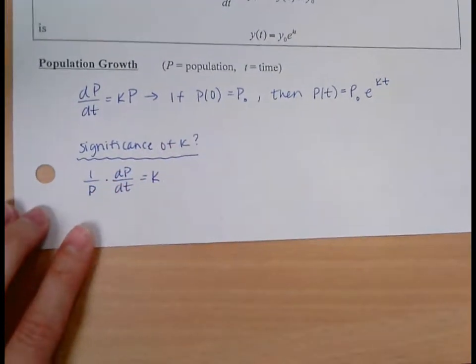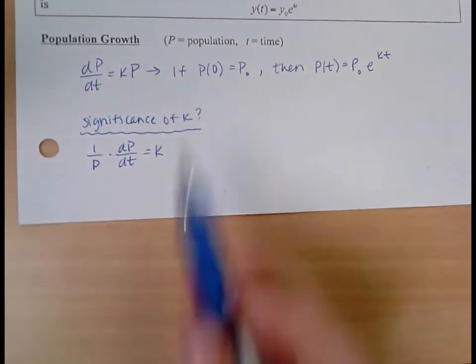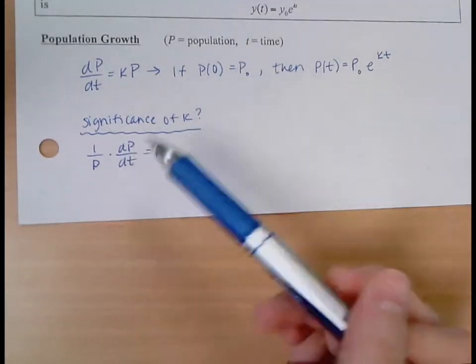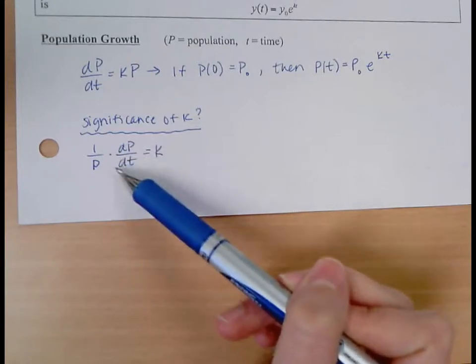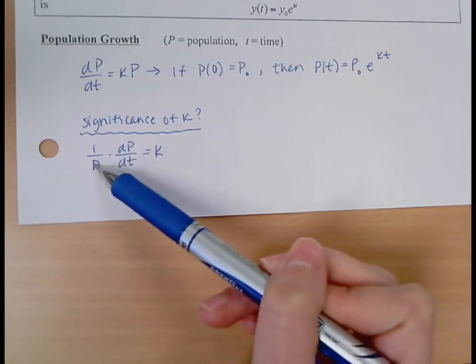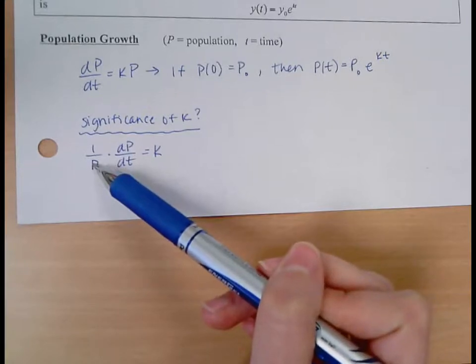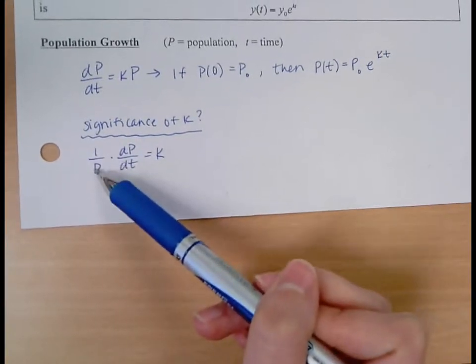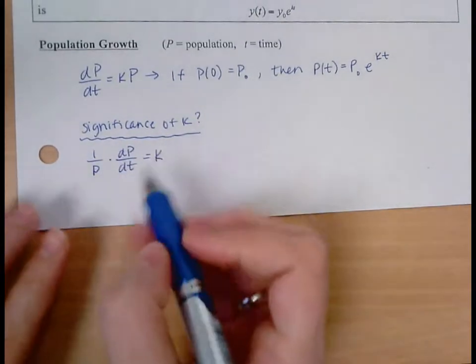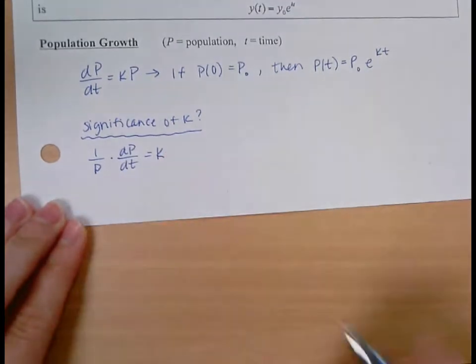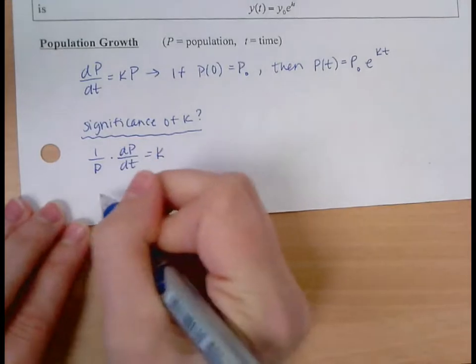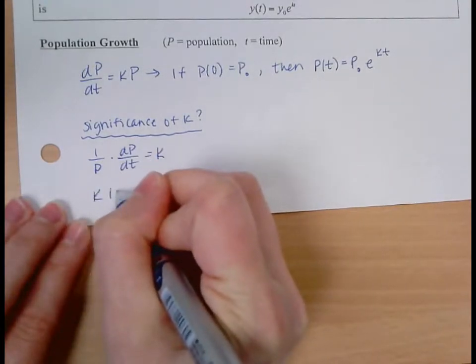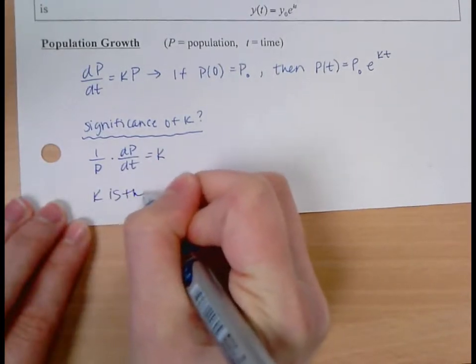That is what k is equal to: the rate of change of population, that rate of growth, divided by the population size at that time t. So the rate of growth divided by the population size. And what that's called, in case a question asks you for it, and the example we're going to go through does ask this, is that k is the relative growth rate.